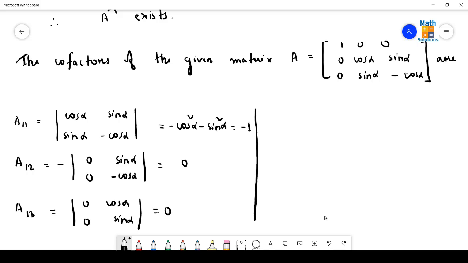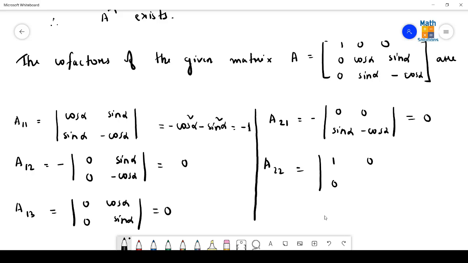Then let us come to A21. A21 is with negative sign convention, so the elements will be 0, 0, then sin alpha, minus cos alpha. The result will be 0. Then A22 will be with positive sign convention, with 1, 0, then 0, minus cos alpha, and our answer is minus cos alpha.